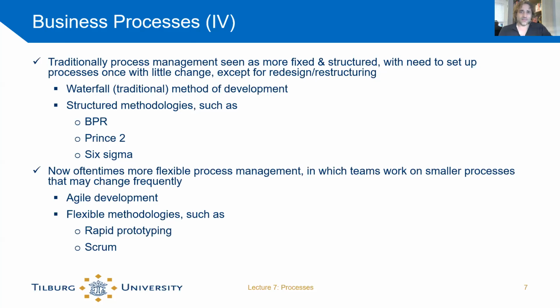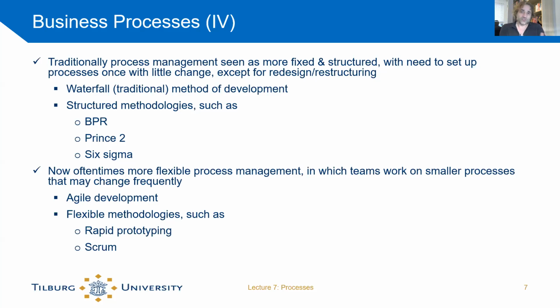But important is that an organization consists of numerous processes. If you want to redesign a process, or if you want to implement technology in order to support a process, then you have to develop and manage that process.